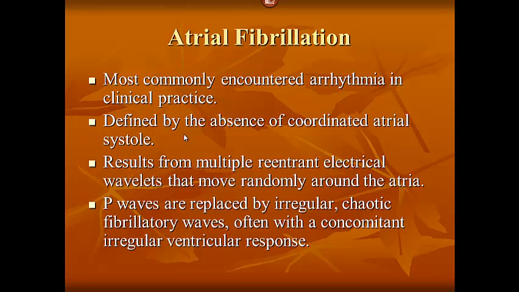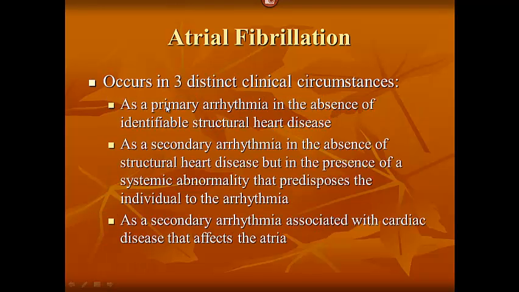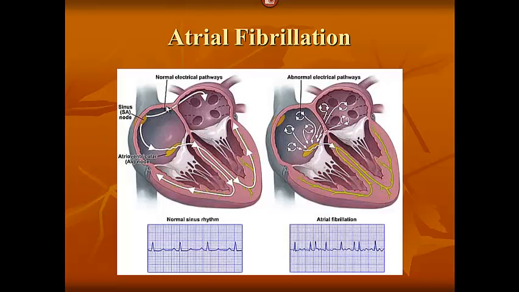The P waves are replaced by irregular, chaotic fibrillatory waves with also irregular ventricular response. Okay, you see here, this is the sinus node, and you have multiple foci of entrance. There is an entrant foci here, an entrant foci here, another one here. So there is multiple foci of entrance, and the conduction is completely chaotic.